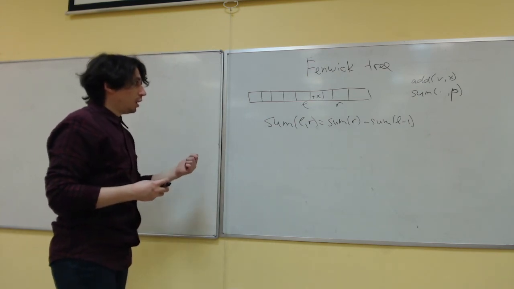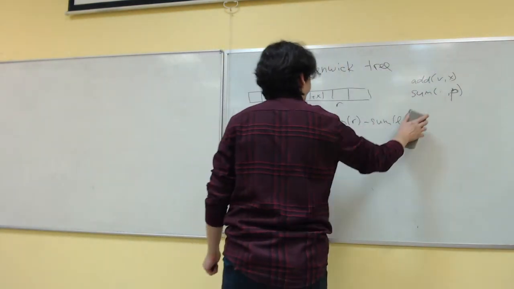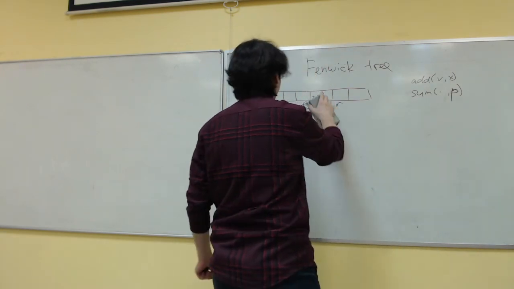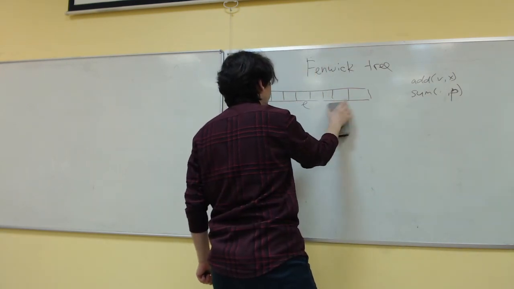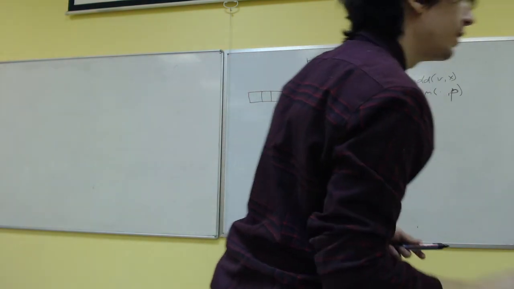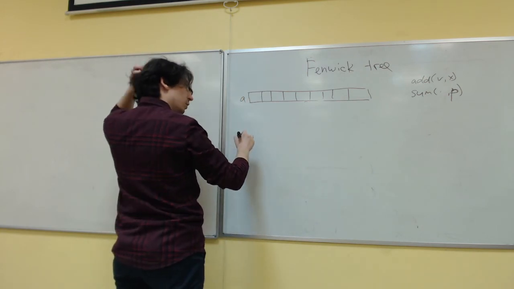So how will we implement our data structure? We have an array A, and we will have an array sum.